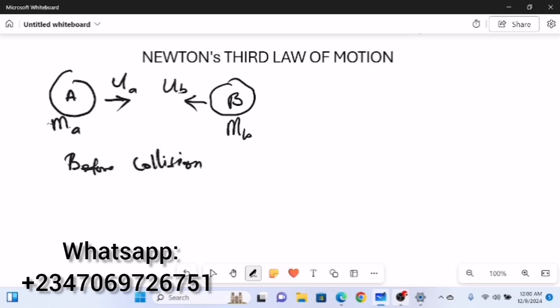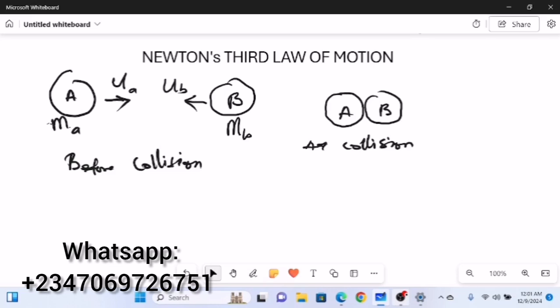All right, now during collision you have something like this where the two objects collide with one another. So you have ball A and ball B. This is at collision.